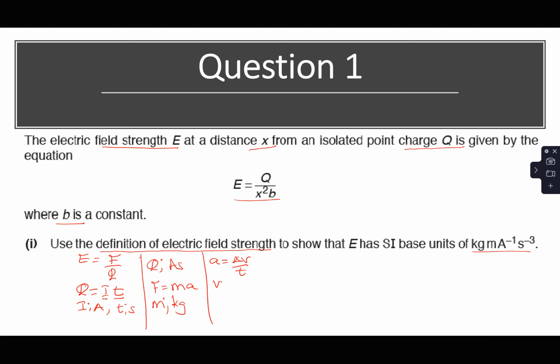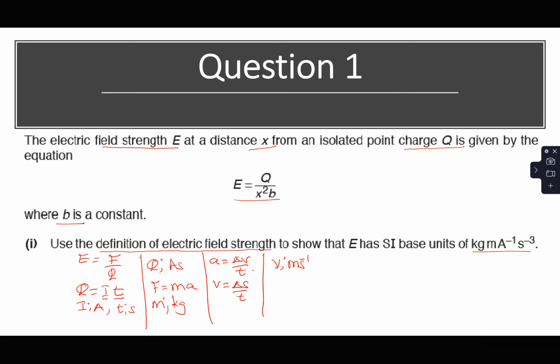But then velocity is also defined as the rate of change of displacement, that is changing displacement with time. Because displacement is a length, its unit is meters, time unit is seconds. So we now conclude by saying that the base unit of the speed or velocity is going to be equal to meters per second, that is meters divided by seconds.